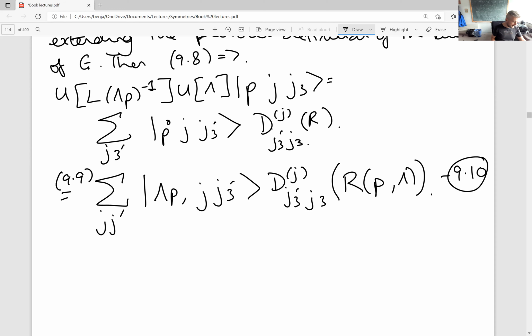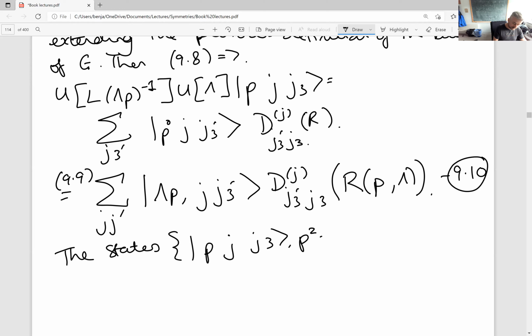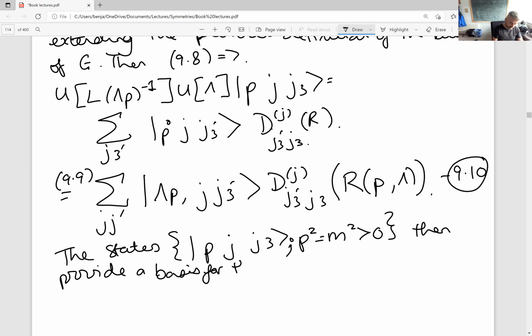So the states p J J3, with p squared equal to M squared, so this is the restriction p squared is M squared bigger than 0, then provide a basis for the irrep space of SO(1,3), at least the bit connected to the identity.